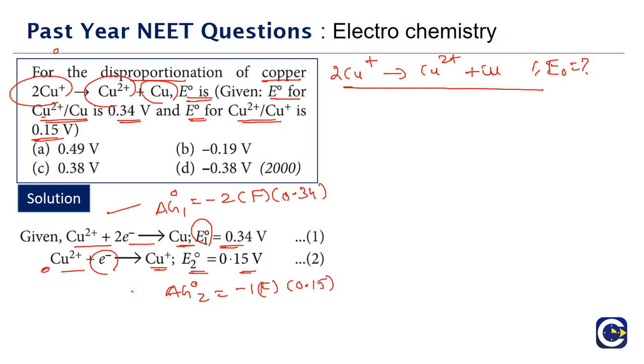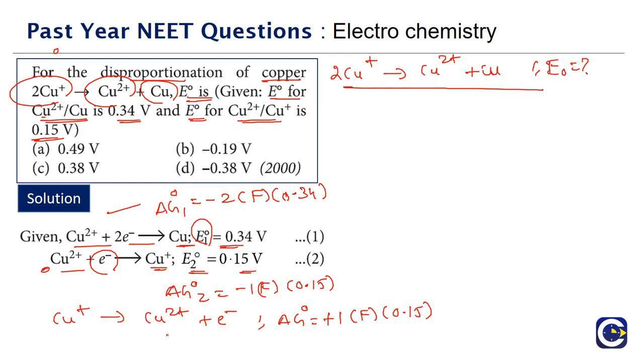Now as I said, the second equation has to be reversed. If you reverse the second equation, you have Cu+ going to give us Cu2+ and an electron. Reversing means del G becomes minus of the original. The original is minus 1 into F into 0.15, so minus of minus means plus 1 into F into 0.15.